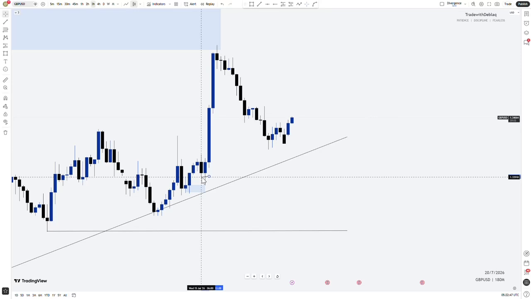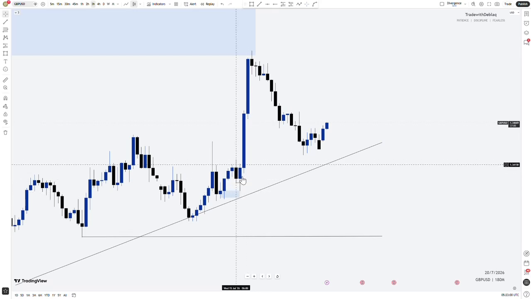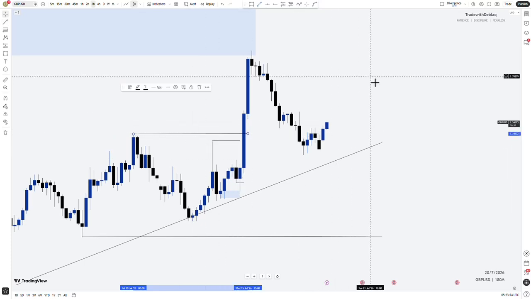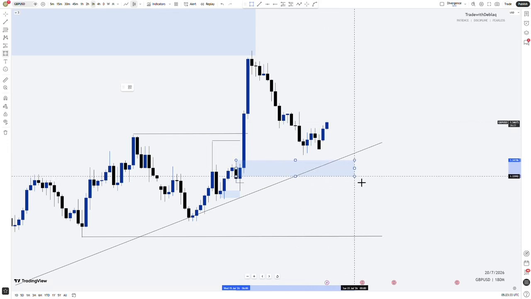We have this liquidity sweep, and price reacted off this zone, and we have this breakout structure, another breakout structure here, and we have this zone right here.